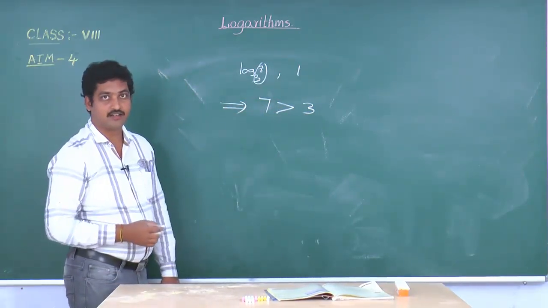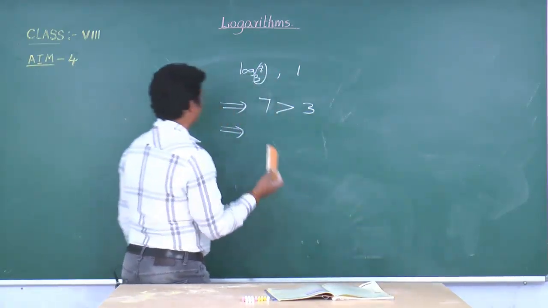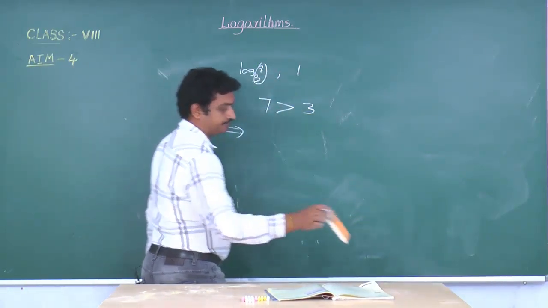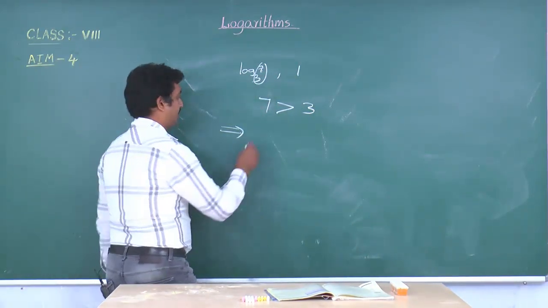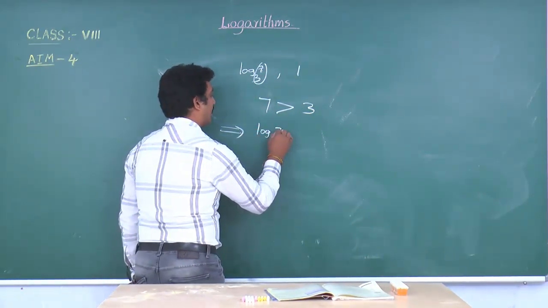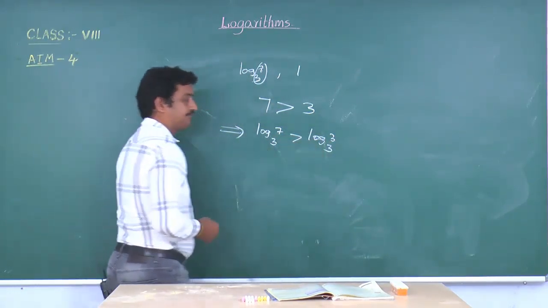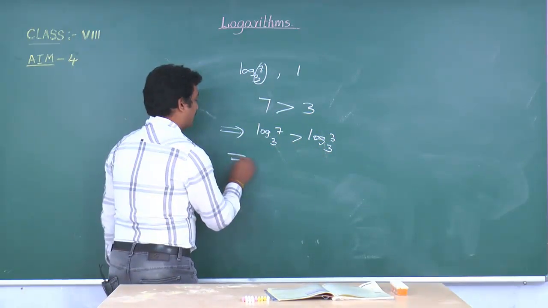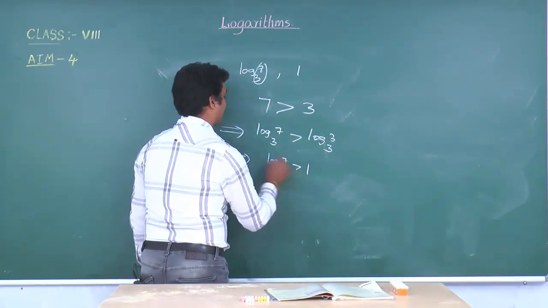That implies, apply logarithm on both sides with the base 3, then it becomes log 7 to the base 3 is greater than log 3 to the base 3. After that it will come as log 7 to the base 3 is greater than 1.